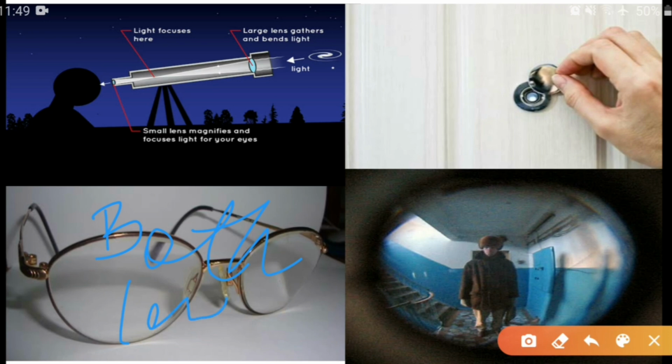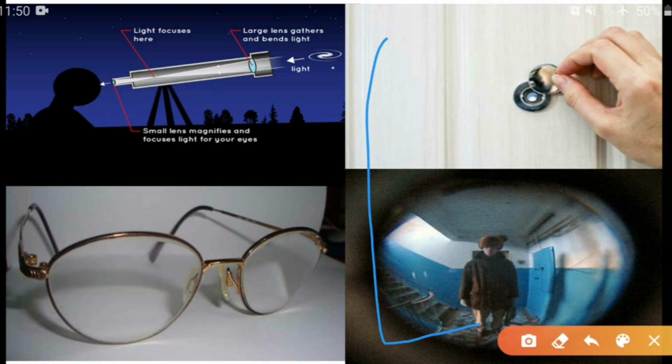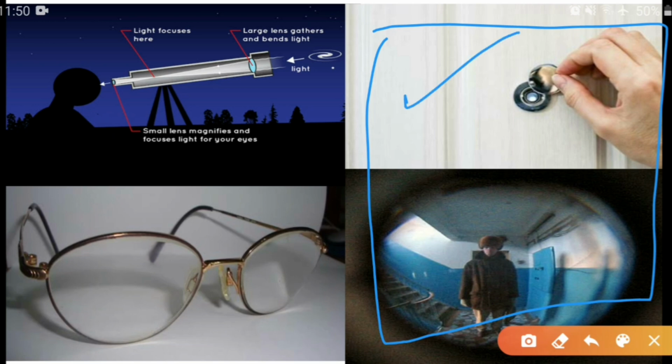Second, concave lens is used as eye lens in telescope or Galilean telescope. Third, concave lenses are used in combination with convex lenses to make high quality lens systems for optical instruments. Concave lens is used in wide angle spy hole in doors. So these are some of the uses of the spherical lenses.